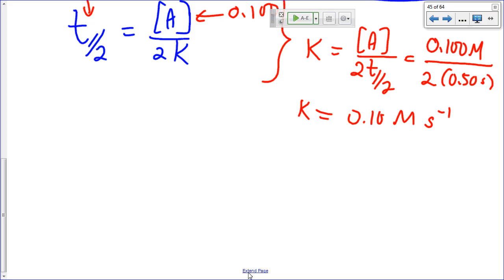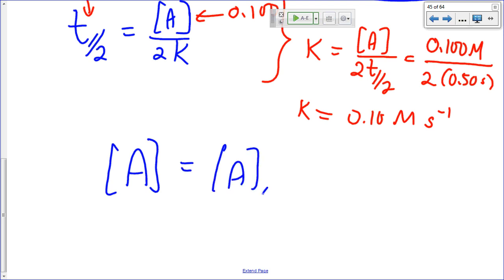We did that earlier. Here's another way you could have done it. You could have said, all right, I've solved for my k, and I say a is equal to a naught minus kt. Then I can solve for what would be my half-life when a is half of a naught, right?